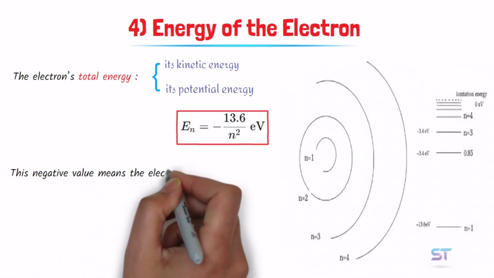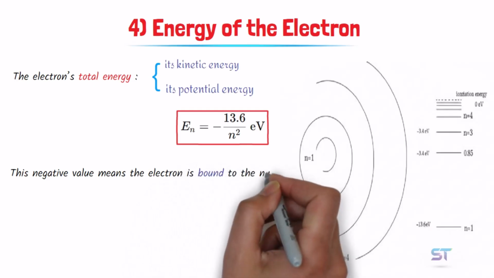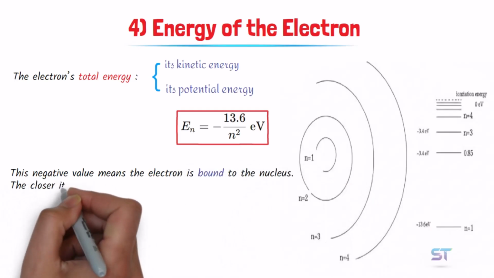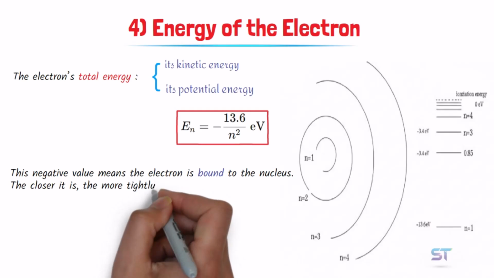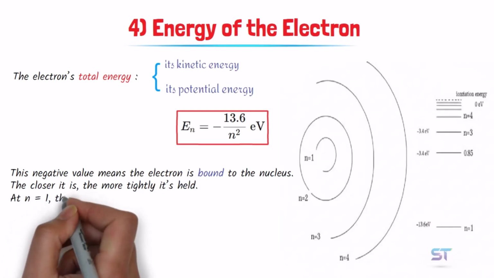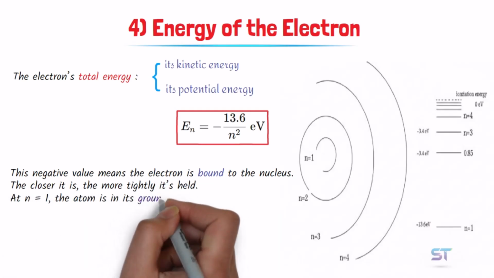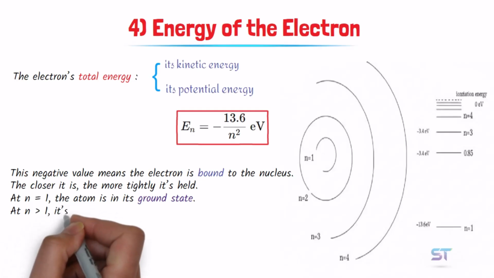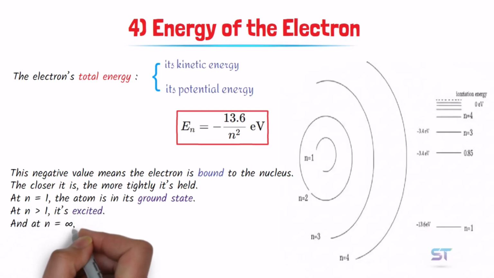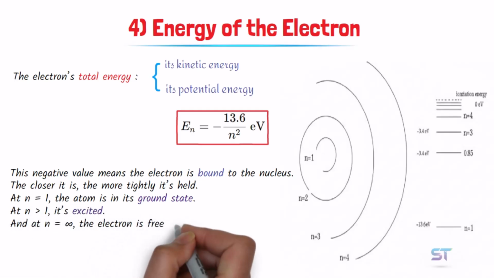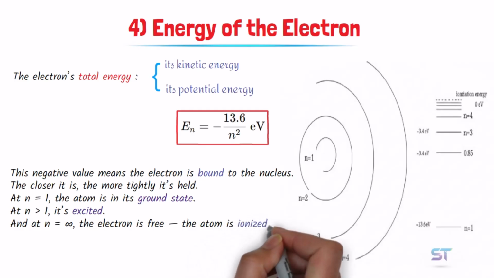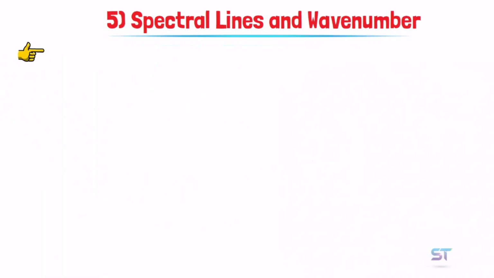The closer it is, the more tightly it's held. At n equals 1, the atom is in its ground state. At n greater than 1, it's in an excited state, and at n equals infinity, the electron is free. The atom is ionized.